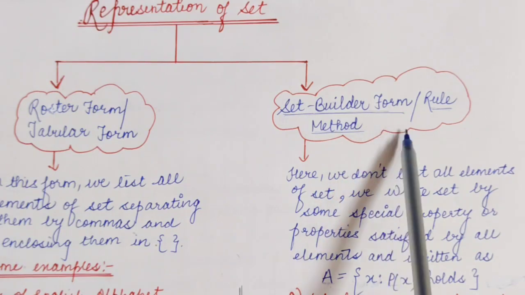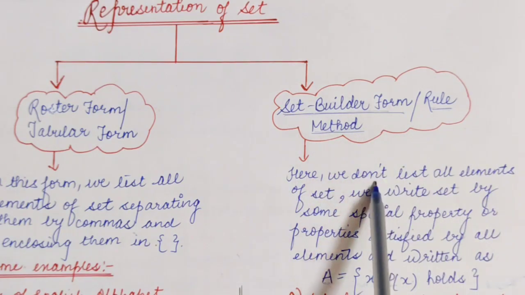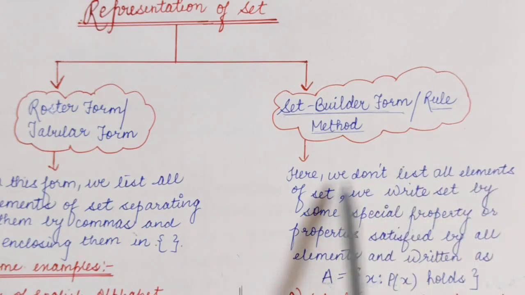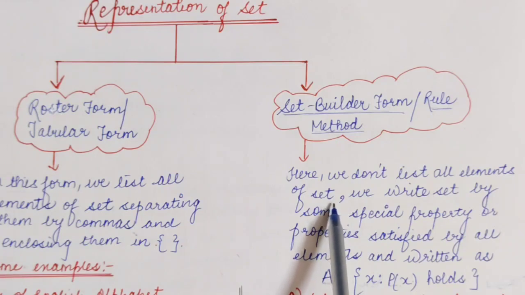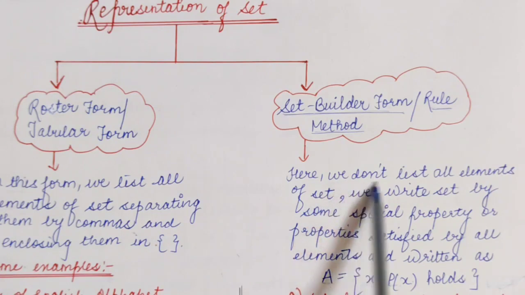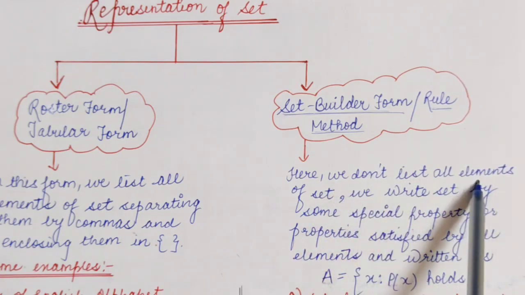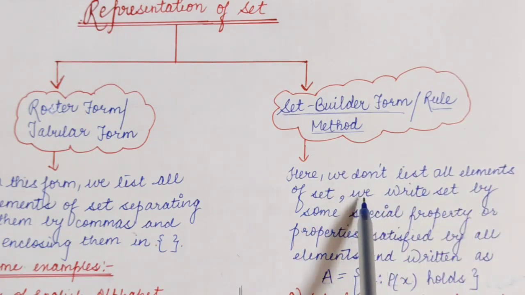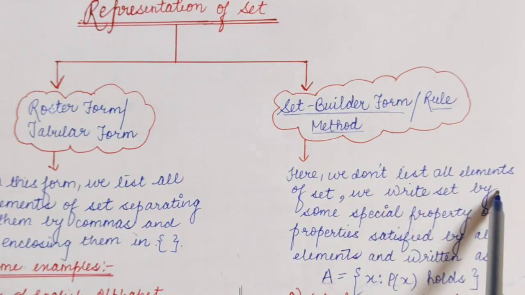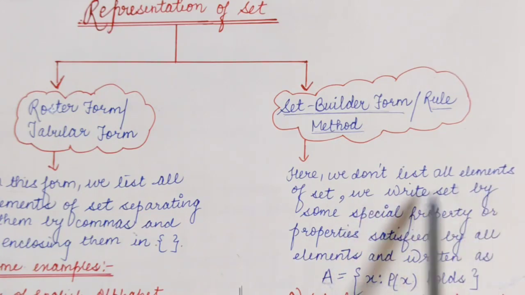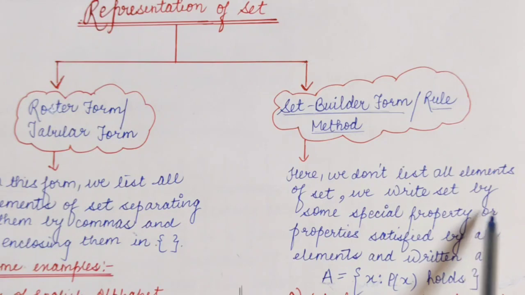What we do here is we don't list all the elements of the set, like in the roster form where we write all the elements in curly brackets. Here we write the set by some special property or properties satisfied by all the elements.